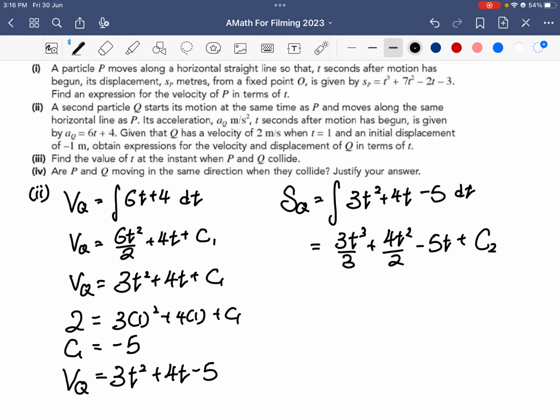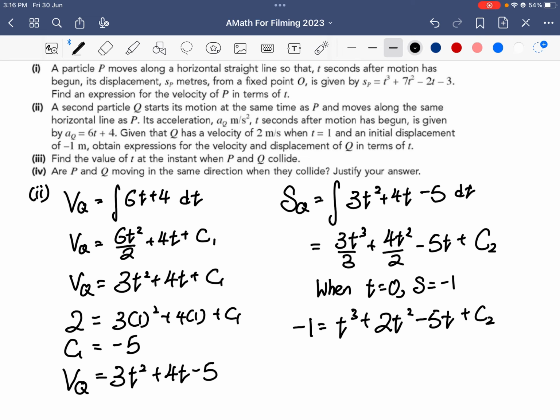Now, in order to solve for c2, notice the initial displacement of negative 1 meters. What does that mean? Initial means that t equals 0, and they tell us that initially there's a displacement of negative 1. So negative 1 is equal to t cubed plus 2t squared minus 5t plus c2. Not forgetting that all the t is actually 0, so it's 0 cubed, 0 squared, then 5 times 0 plus c2.